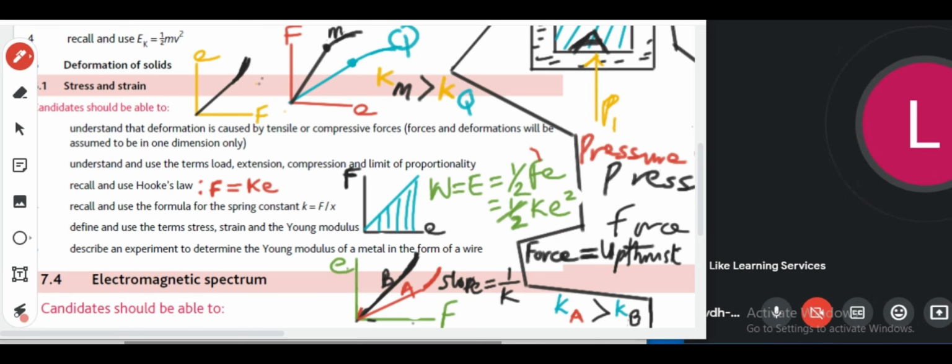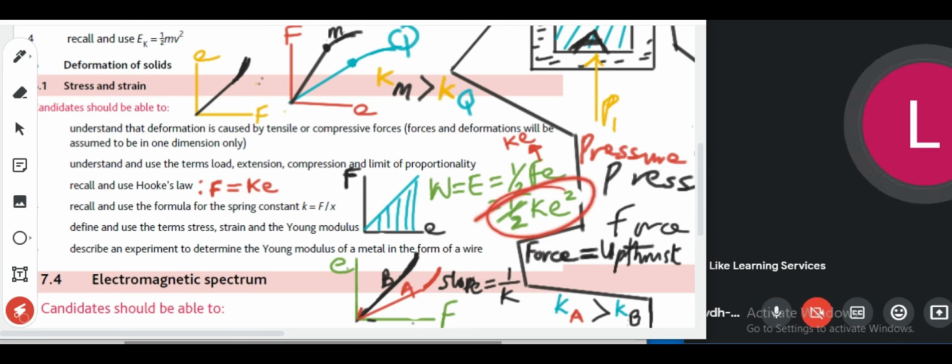This F is now substituted with Ke. So instead of half Fe, we're now going to have half Ke for F times E again. So half Ke then E, or half Ke times E, which will give us half Ke squared.